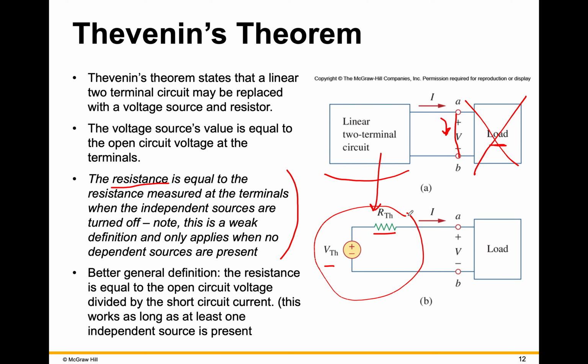Theoretically, whatever's in this circuit, you could use enough source transformation and resistor combination and simplification and take enough steps, like we did in some of the examples in the lecture where we went over source transformation. Theoretically, with independent sources only, you could eventually simplify this down to a single voltage source and a single resistor. However, if you have dependent sources in the problem, you can't do that. That would be the first case where you couldn't do it.